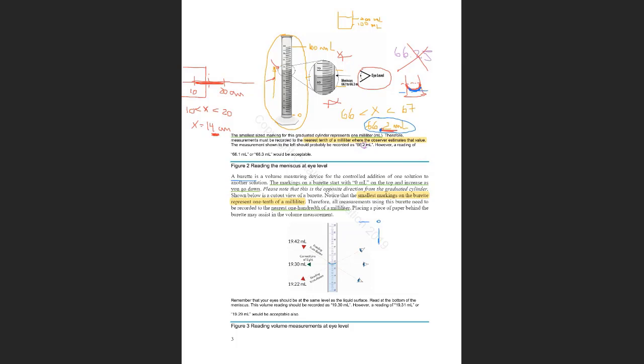Let's look at the burette. It says here that the smallest marking on the burette represents 1/10 of a milliliter. It's even less, because I don't know if you can see, but let's make it a little bigger. So here, let's say it says 19, the scale.